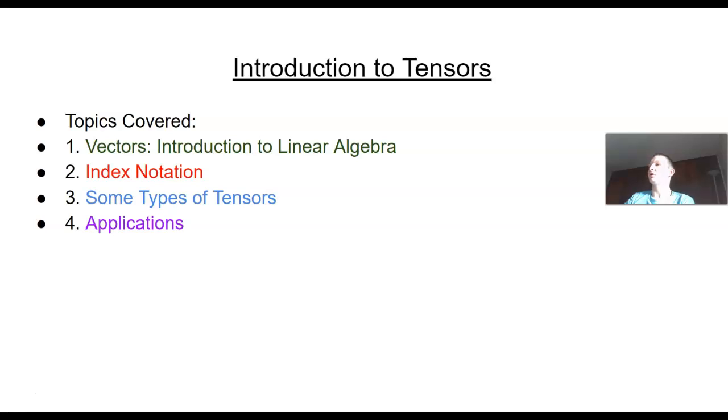Then, I will talk about some types of tensors which will be covariant, invariant, asymmetric, anti-symmetric and symmetric. Lastly, I will mention two specific tensors and their applications.